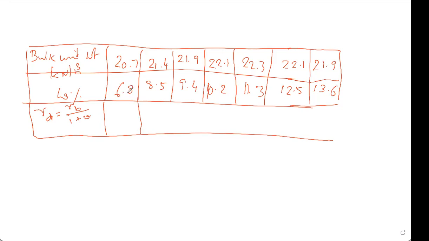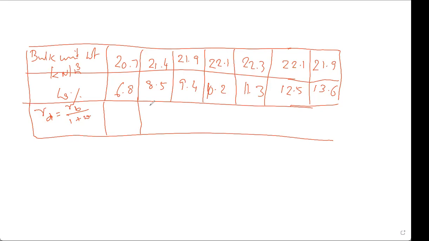Whenever we use water content in the problems, we have to convert it to a ratio. The major mistake we commit is putting 20.7 divided by 1 plus 6.8 directly.